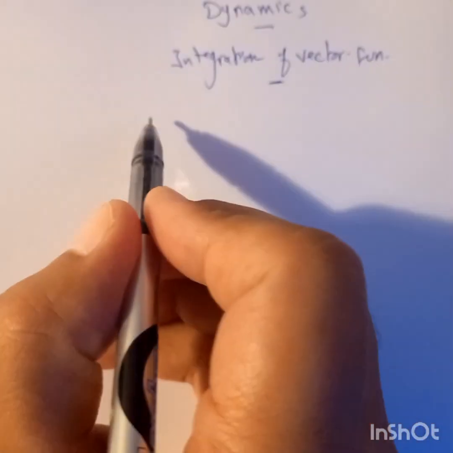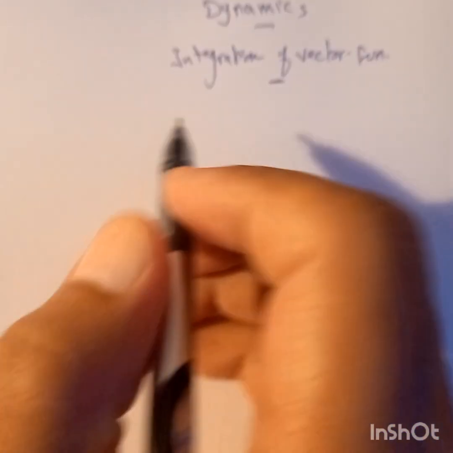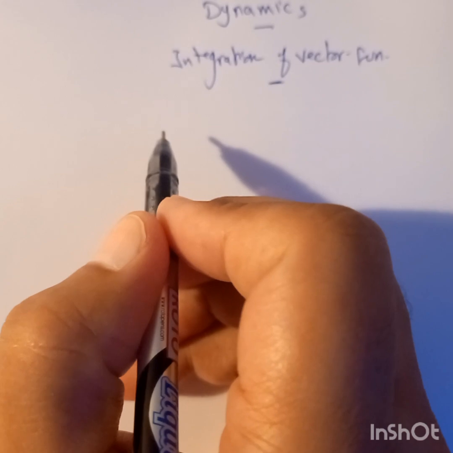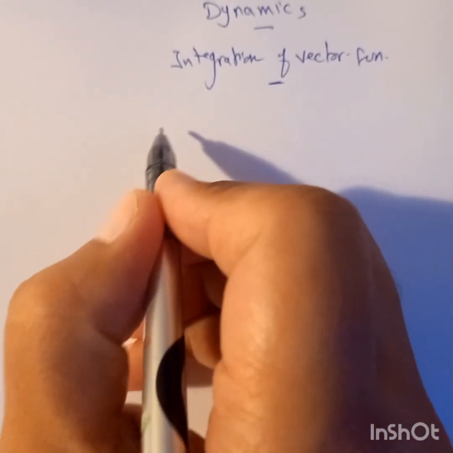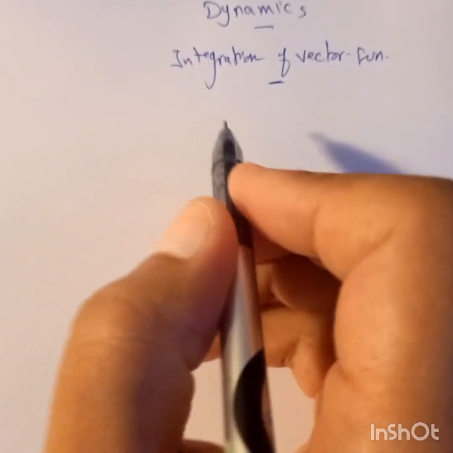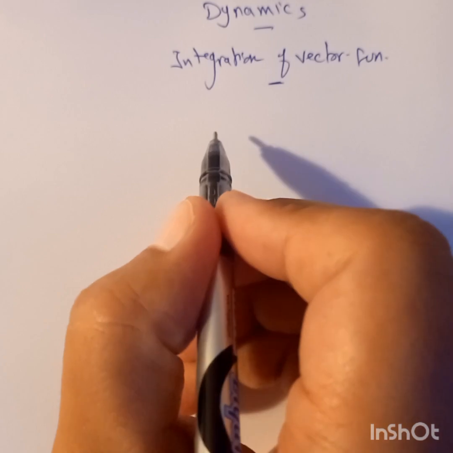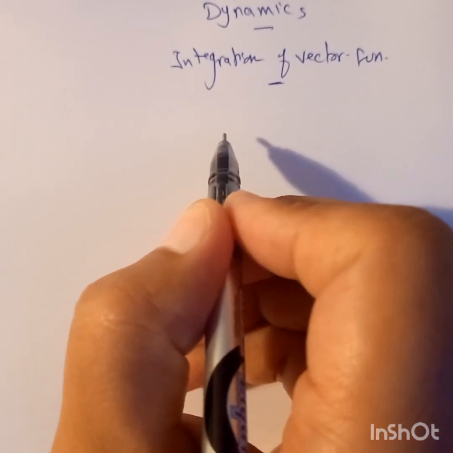Okay, as we said during the explanation of differentiation of vector functions, we have three vector functions relating to the motion of a body in a straight line.